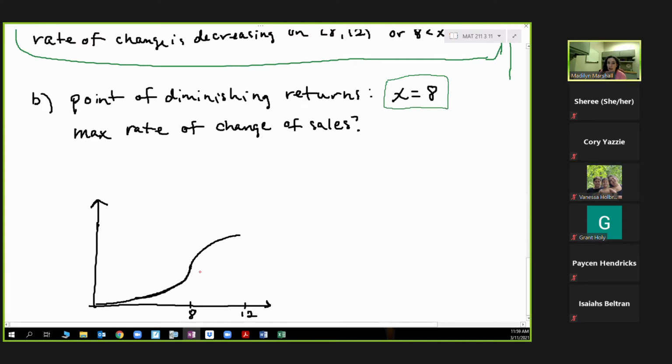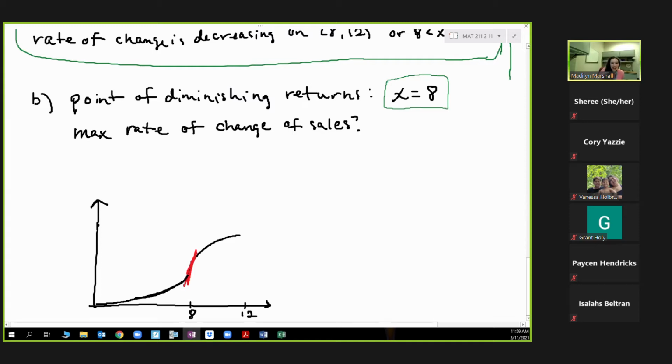So where is this graph going to be the steepest if we look at all the little tiny tangent lines that tell us the slope along this graph? What x value? It looks like 8. 8, yes. Heard a couple 8s. And that is always going to be true.